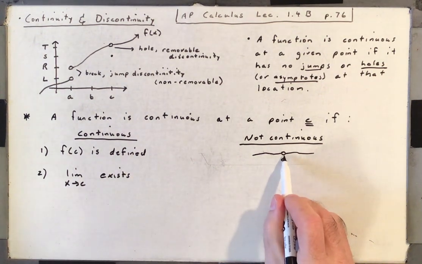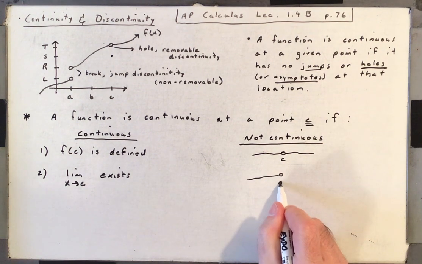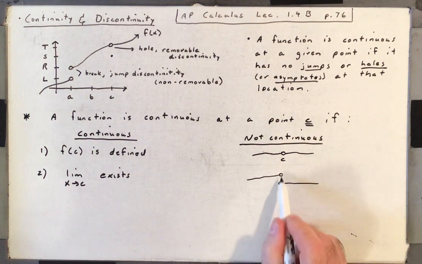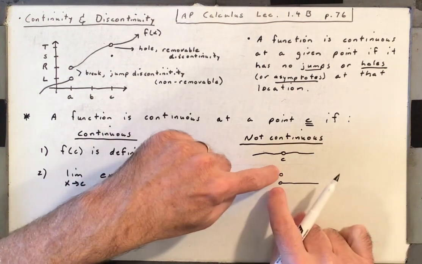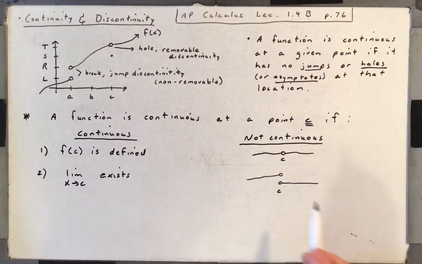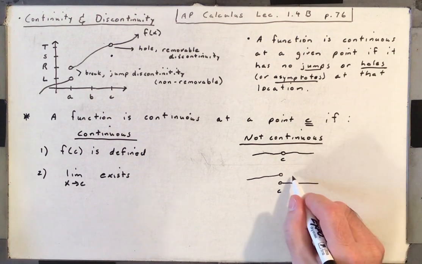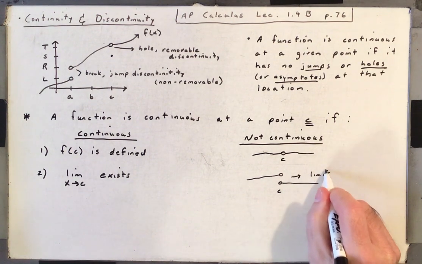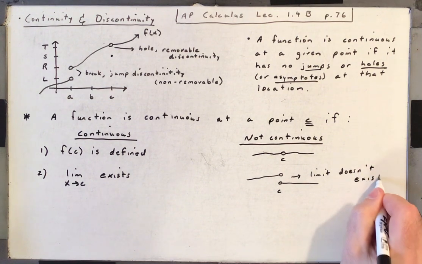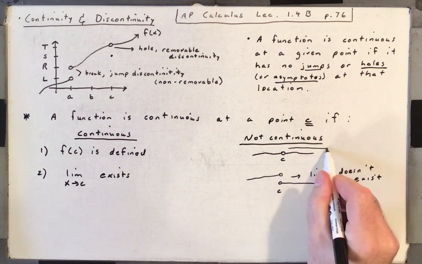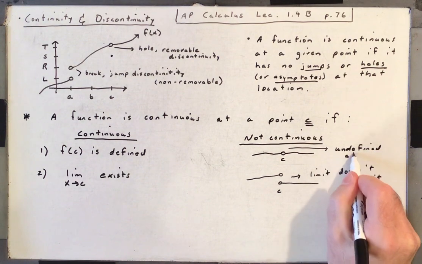Here the limit would exist, but to be continuous you also can't have a situation like this. As your fingers approach point C from each side, they don't come together, do they? That's an example of the limit as x approaches C not existing, and here we're undefined at C.